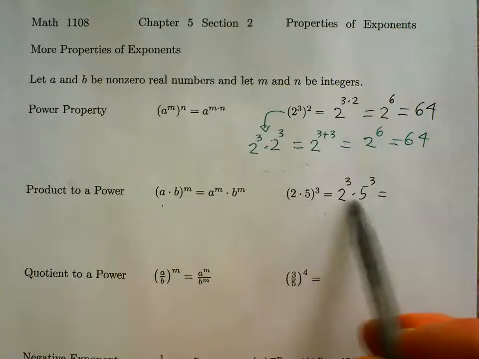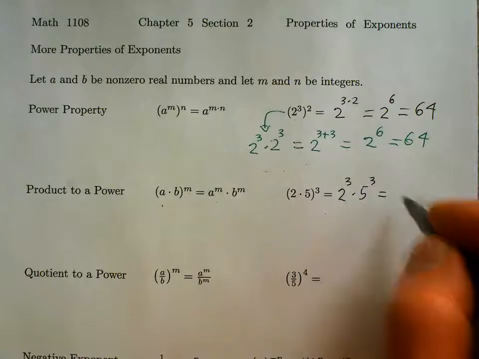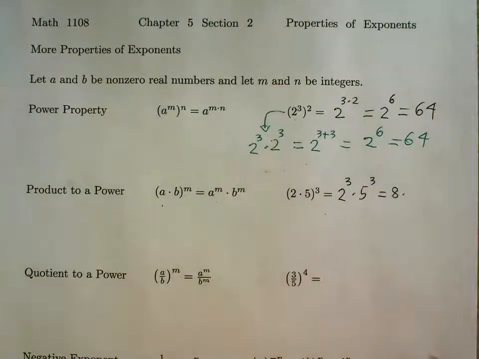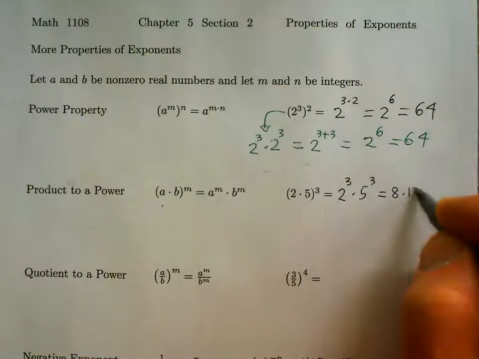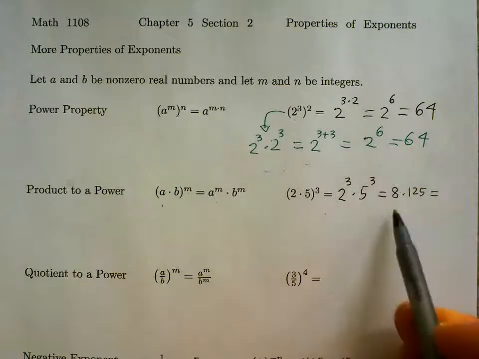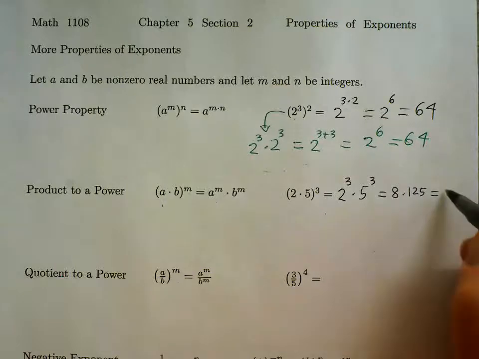And we should simplify these fairly small numbers. 2 to the third is 8. 2 times 2 times 2 is 8. 5 to the third, 5 times 5 times 5 is 125. And 8 times 125 is 1,000.